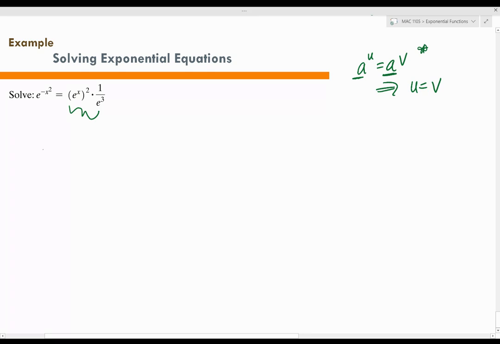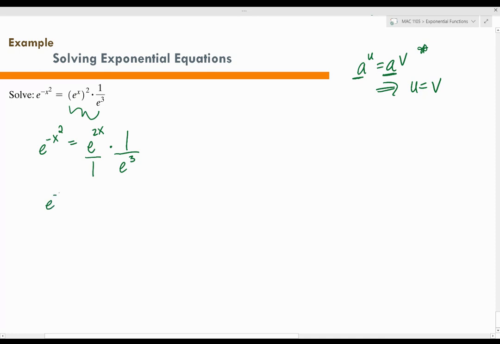Okay, so I have e to the negative x squared equals, all right, our laws of exponents say if you have a power raised to a power, you multiply. So that would be e to 2x times 1 over e to the third. On the right-hand side, since I'm multiplying, I can put the first expression over 1 and multiply the numerators times the denominators.